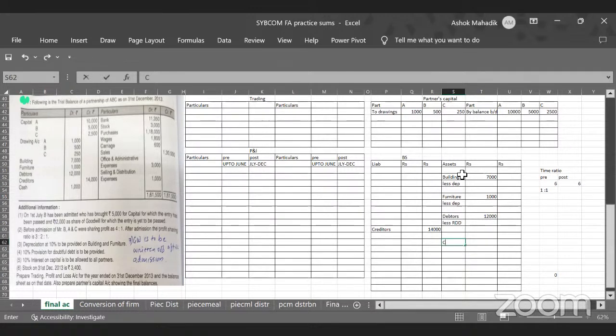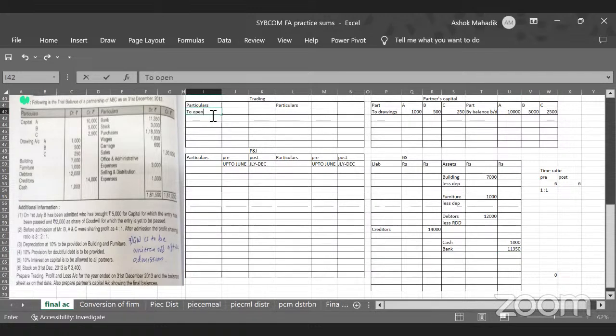Cash. Cash balance is given as 1,000. Bank balance given 11,350. Stock. This will be opening stock. I'll go to the trading account.